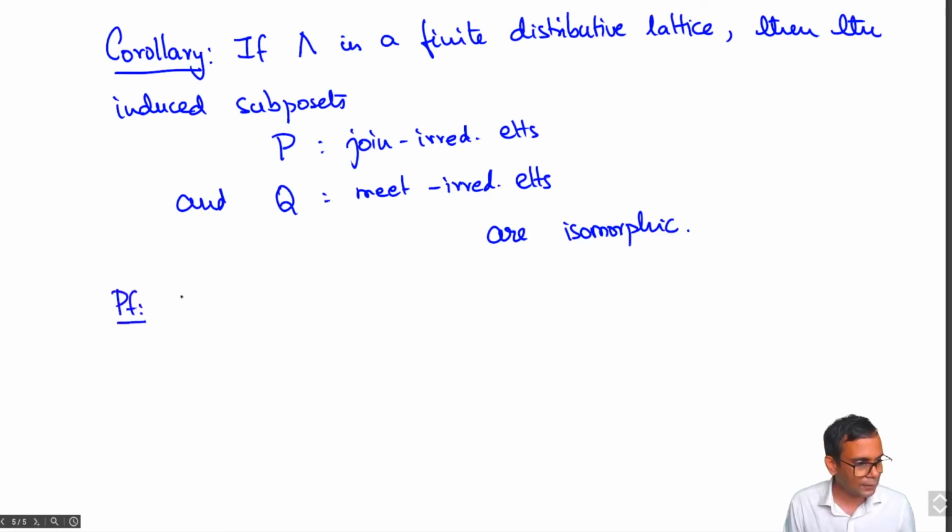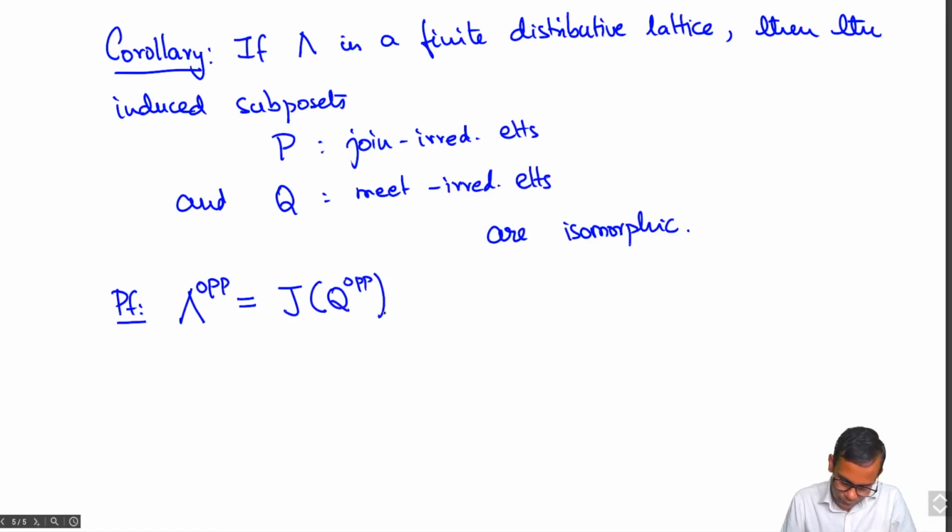So firstly, note that the opposite of lambda, this is the lattice of ideals in the meet irreducible elements in lambda are the same as the join irreducible elements in lambda op.